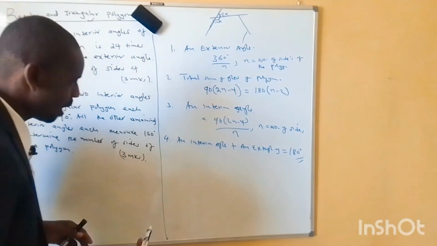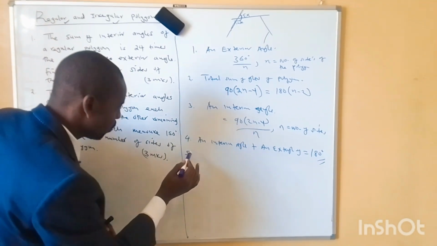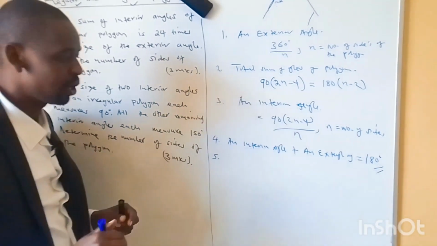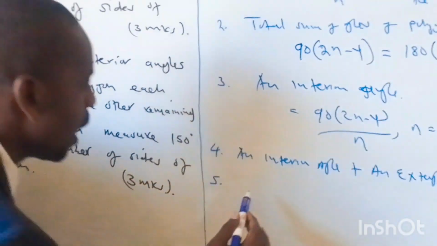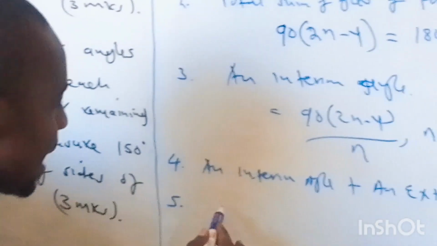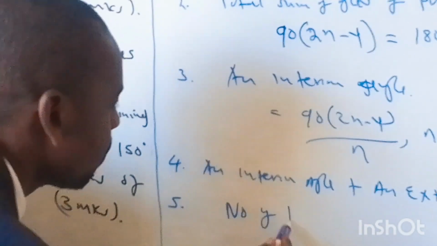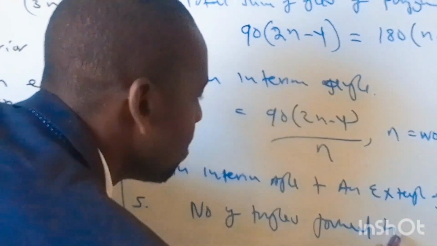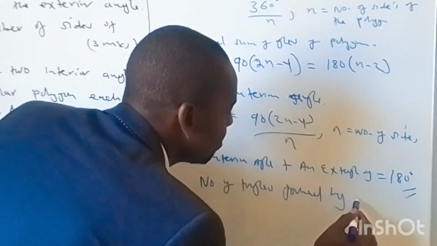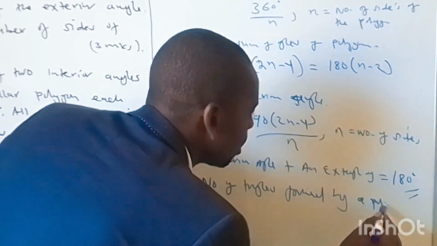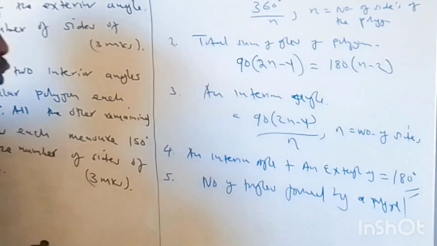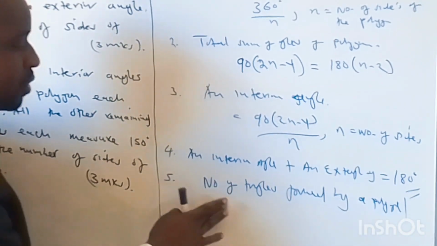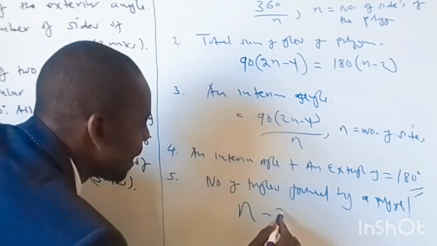Now, the last important thing that we are going to apply when you're dealing with irregular polygons: when you want to get the number of triangles formed by a polygon, you just take n minus 2.